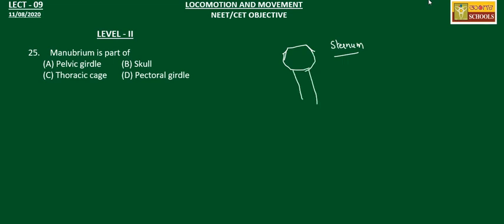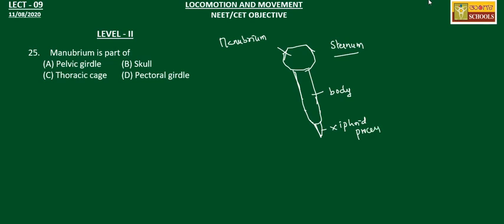This one is what we call the manubrium, this is the body of the sternum, and this one is called the xiphoid process.